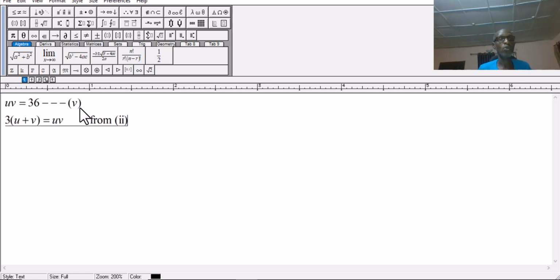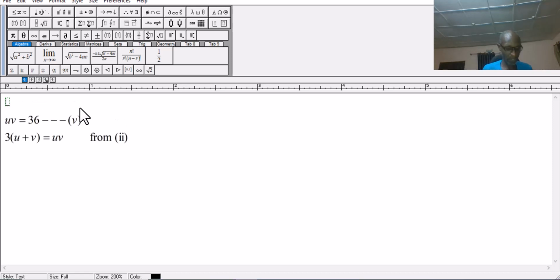So I already know the value of my uv. I have two values for that. So I'm starting with when uv is equal to 36. So let's start.